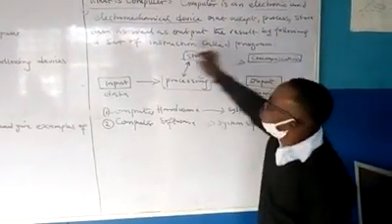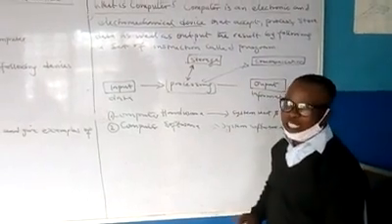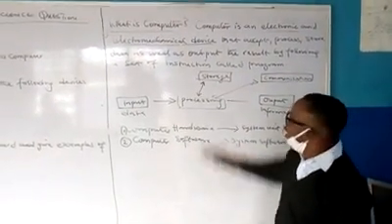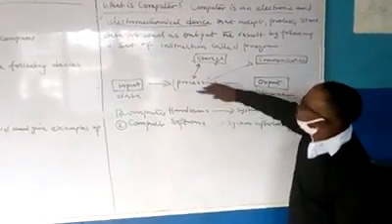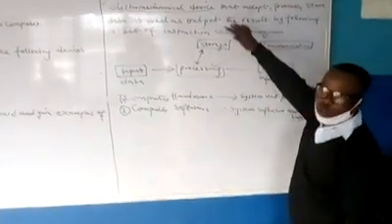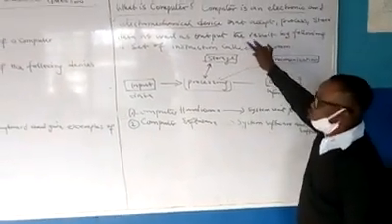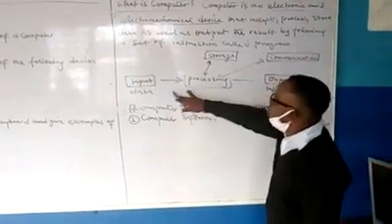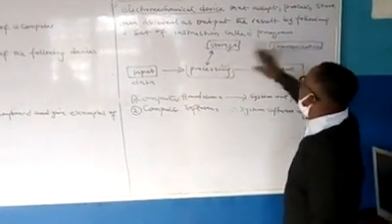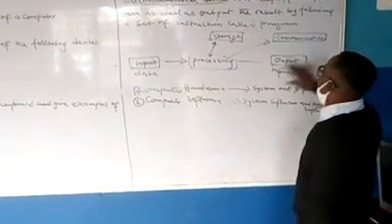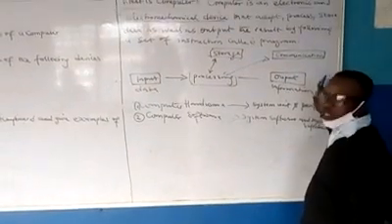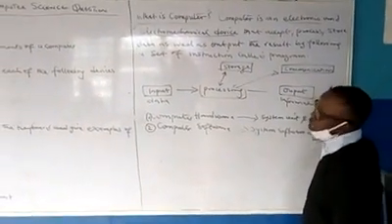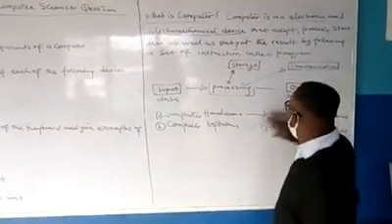There is nothing like software in what you are defining. And this diagram gives an overview of what you define, how it functions. The data comes in as input, the processor processes it, and it comes out as output, which is information because it has already been processed. So that answers question number 1.